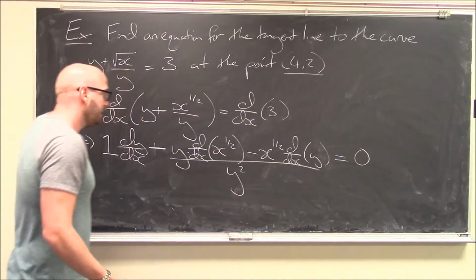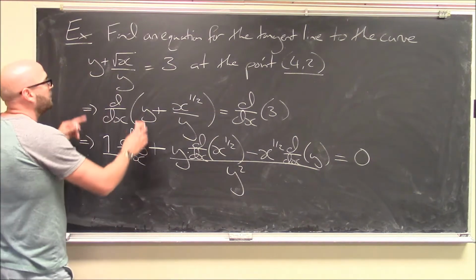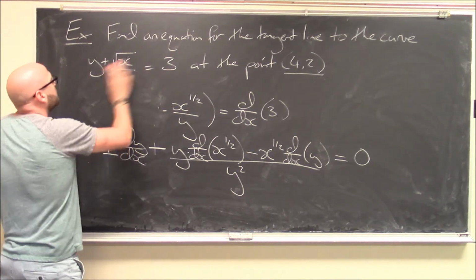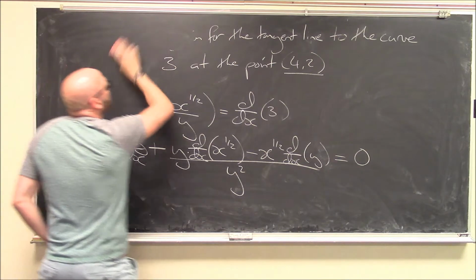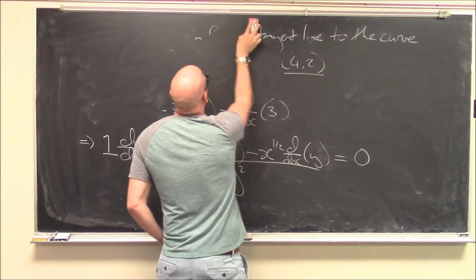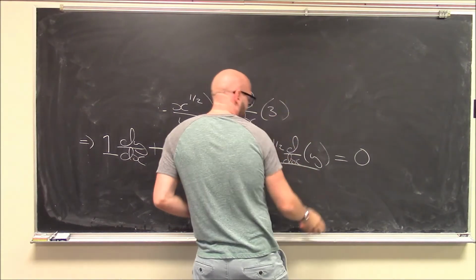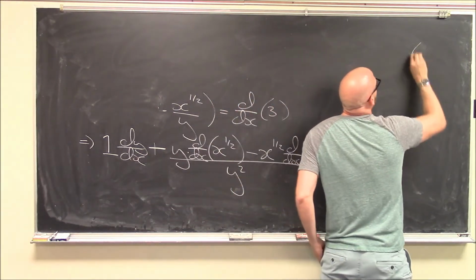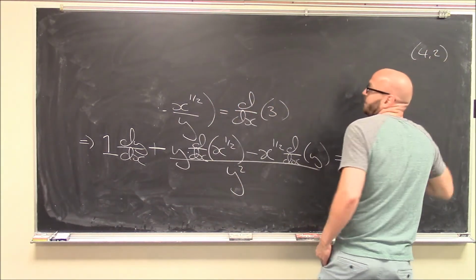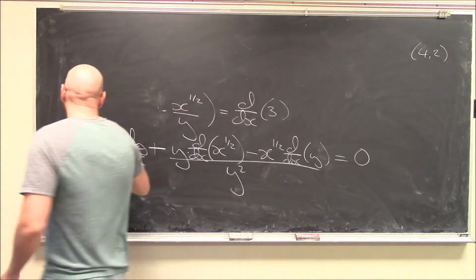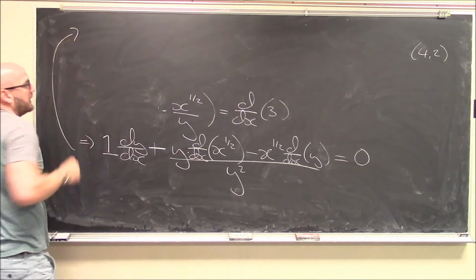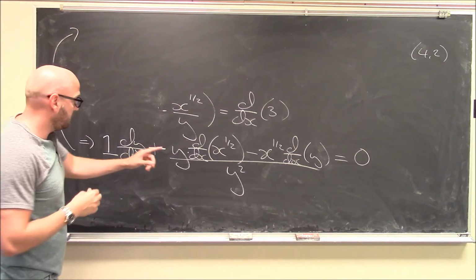And unfortunately, I really don't have a whole lot of space here. I'm going to have to erase and then come back up. I will save this. I want to save the point we're looking at, so I'll just keep it written here for my own memory, the point 4,2. But what we're still trying to do right now is just find dy over dx. So I still have some differentiating to do, right?